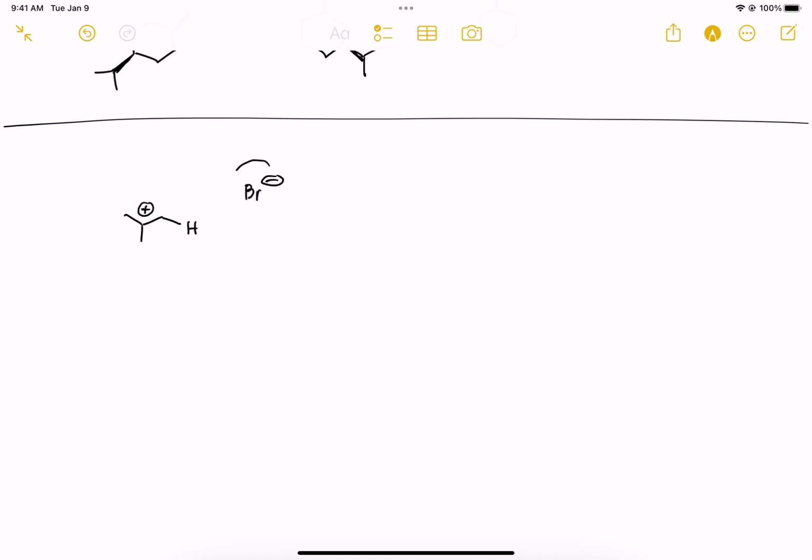So E1 can come here, get the proton, and then this proton will lose its electrons to form a double bond with the alkene. And so that's a process that can go backwards. So let's write it as 2 arrows here. And then we can draw the final product as this alkene here. And there's only one product because all the methyl groups are equivalent. And so we get this as our E1 product.